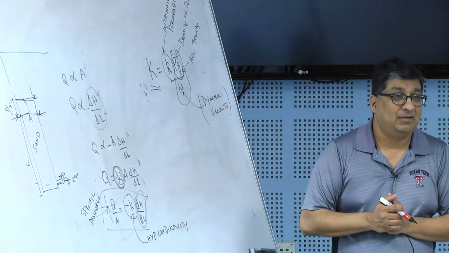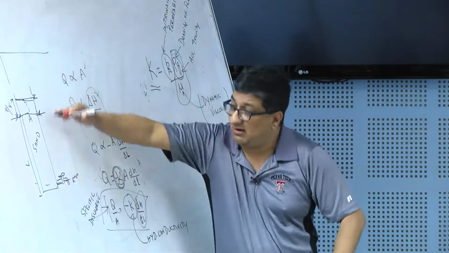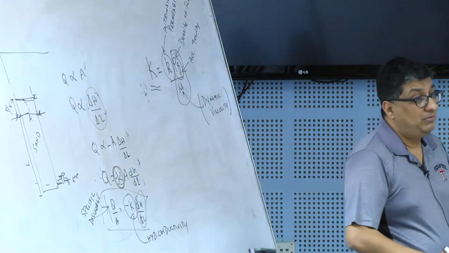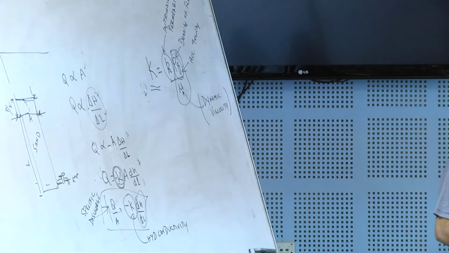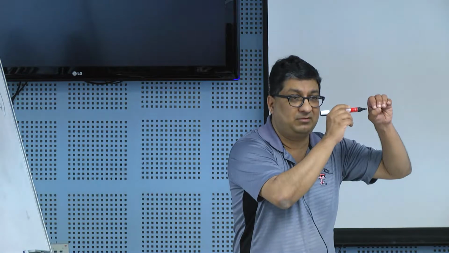But even in his sand column, there was a range of grain sizes, right? But he has only one hydraulic conductivity. He doesn't have a range of hydraulic conductivities. In other words, the water in the smaller pore is moving a little bit faster versus the water in the larger pore, because of the cross-sectional area, is moving a little bit slower.